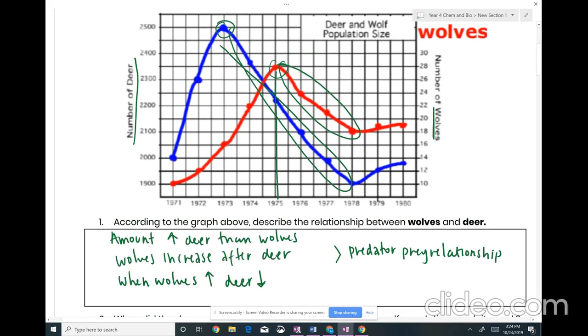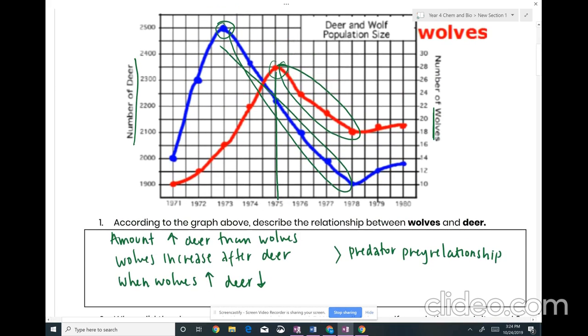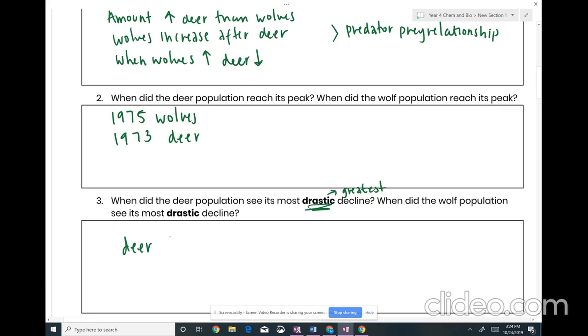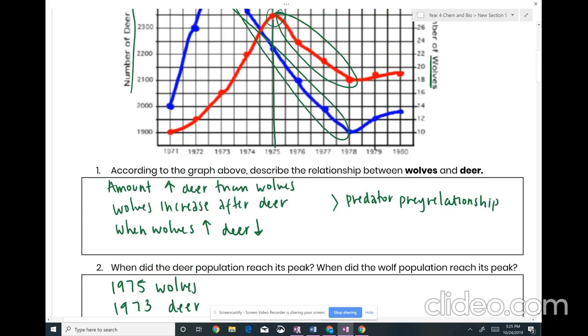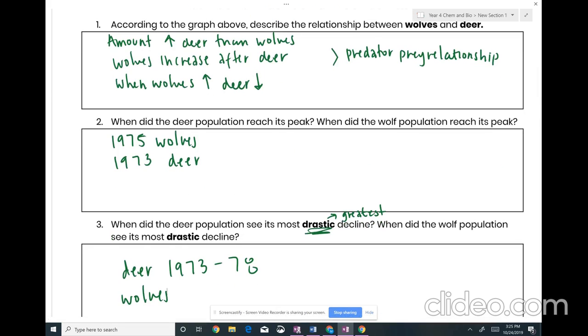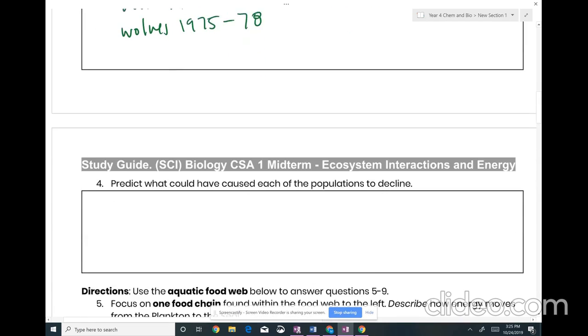So for our deer, it's about from 1973 to 1978. Right? And then for our wolves, we look at that, and we have 1975 to 1978. So clearly 78 was a bad year for both of them.